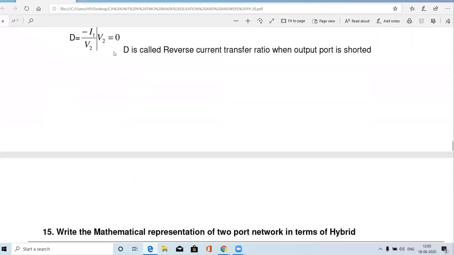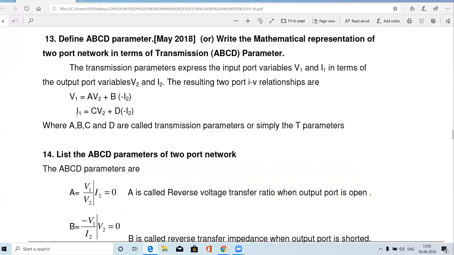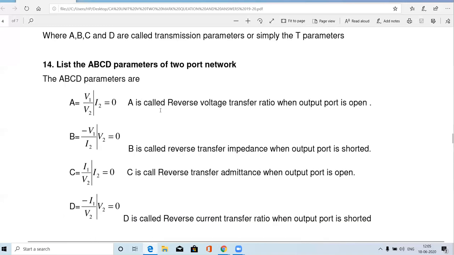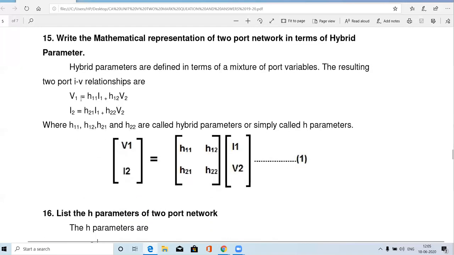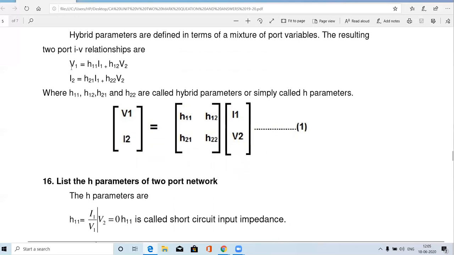ABCD parameter means input voltage, input current as a function of output voltage, output current. But in H parameter, input voltage and output current are a function of input current and output voltage. So V1 equal to H11 I1 plus H12 into V2.